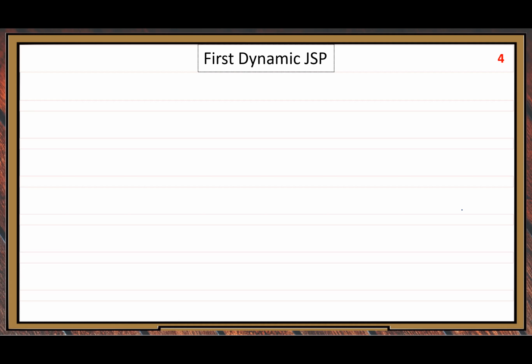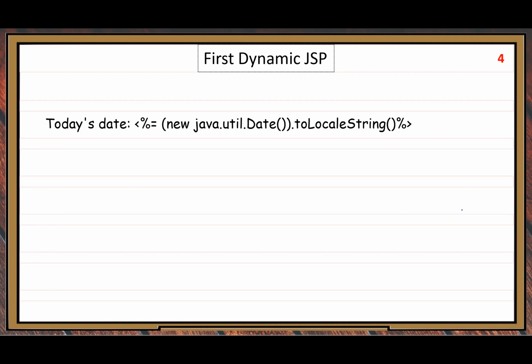Let me view the whole screen, full screen. I just put one line in it. In this line, we display the current date. We call the Java Date utility class and its method toLocaleString.